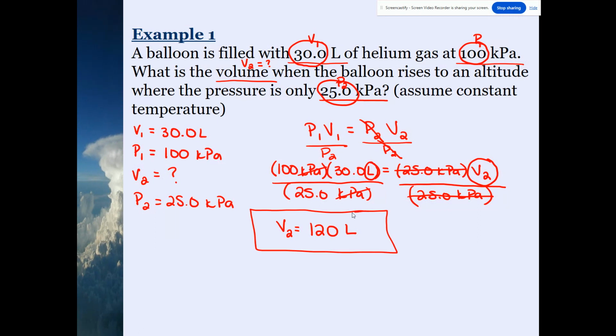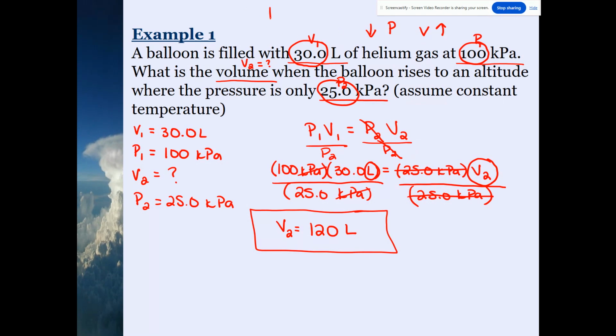Now, the other thing you can do with this is think if it makes sense. My pressure went down, right? It started at 100 and it went down to 25. So that means my volume should have gone up. And in fact, it did. You can also even think about it as my pressure went down by 1/4.